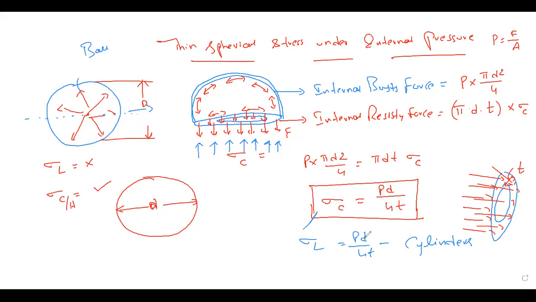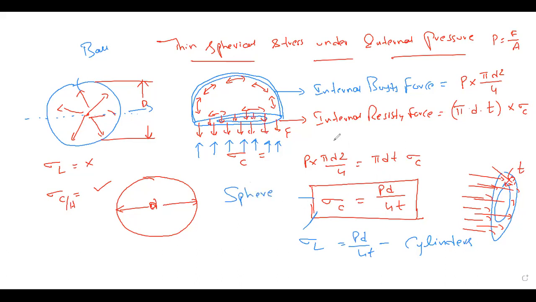So for cylindrical shells, the longitudinal stress will be PD by 4T. In a spherical shell, the circumferential stress itself is PD by 4T. Don't get confused. Understand? So this is for sphere, right?